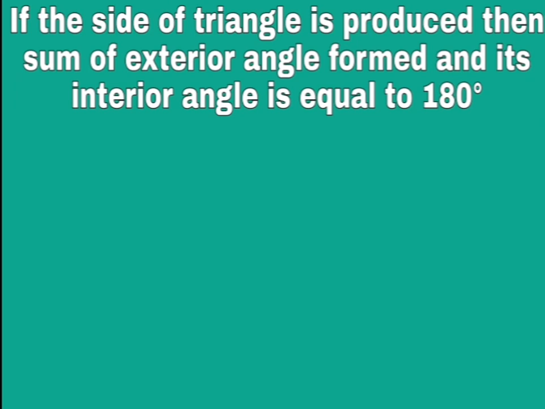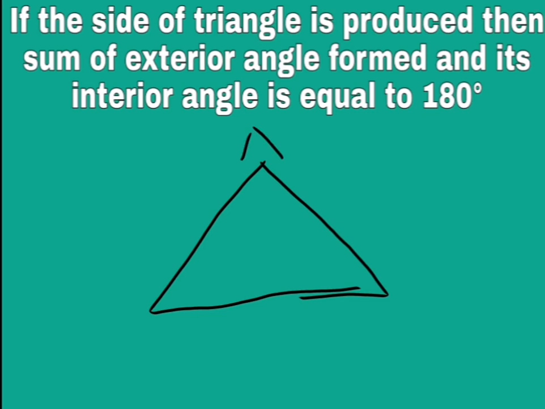If the side of a triangle is produced, then the sum of the exterior angle formed and its interior angle is equal to 180 degrees. This is also a very easy property which will be helpful in solving the exercise questions. So let us take our triangle ABC and extend any one side.